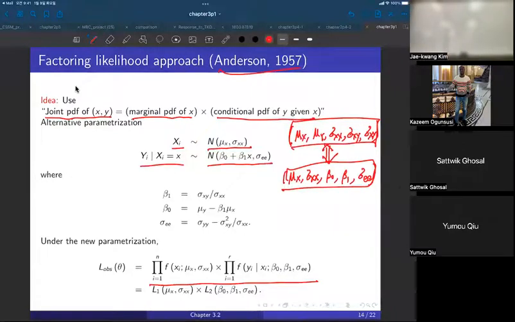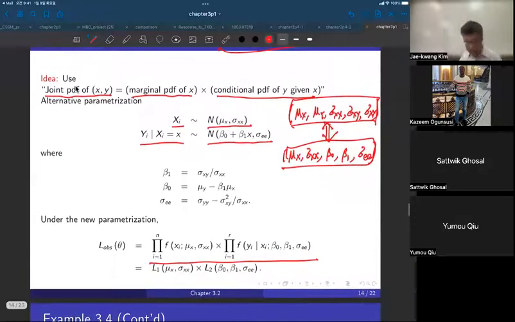So you have a marginal density from i equal to 1 to N, and then a conditional density from i equal to 1 to R. Okay. And why is this useful? Well, because the likelihood is factorized, you can maximize separately.